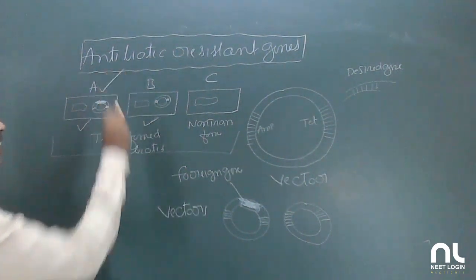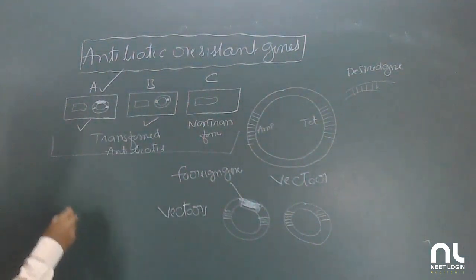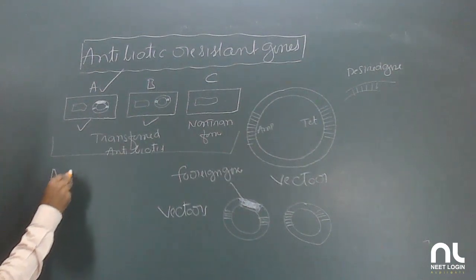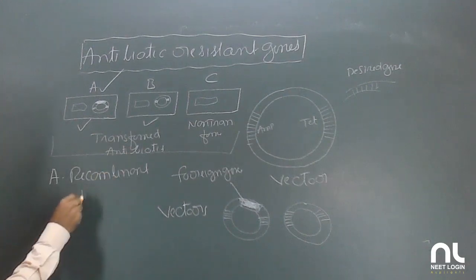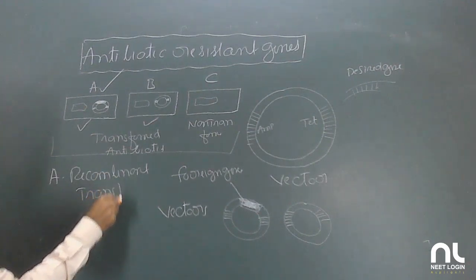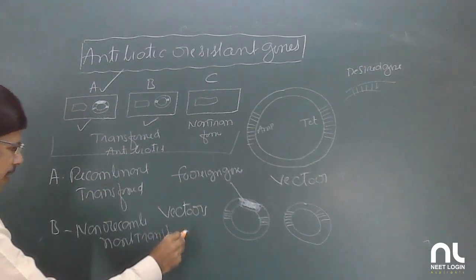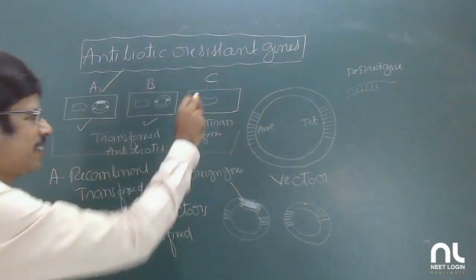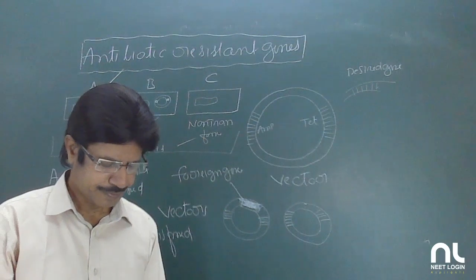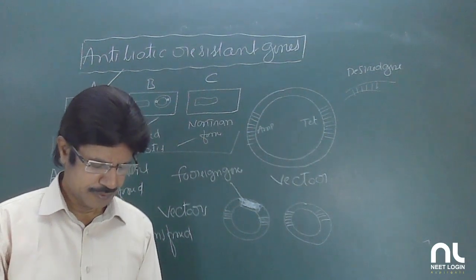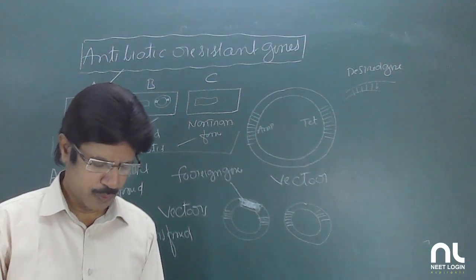Yes, A is recombinant transformed. C is non-transformed. You got this? Okay.